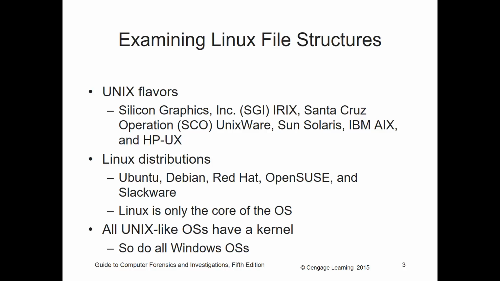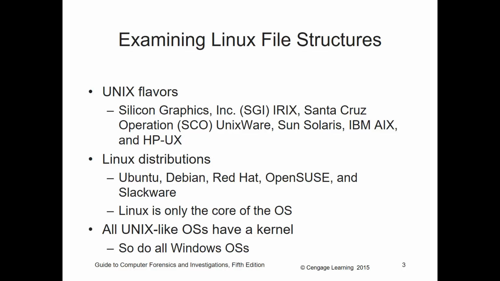Those aren't all of them, they're just, again, the common ones. Linux is only the core of the operating system, the core features, and there are tons of different flavors that do different tasks.